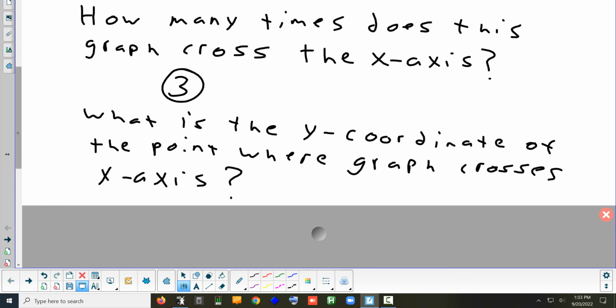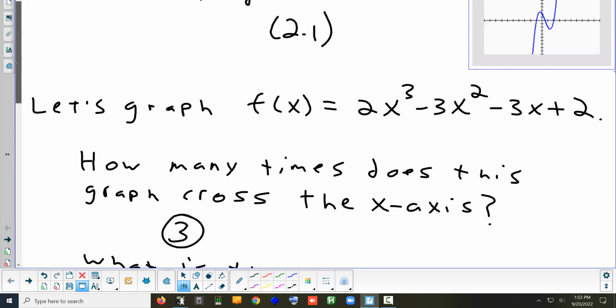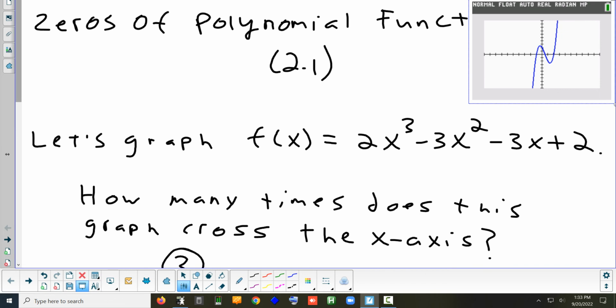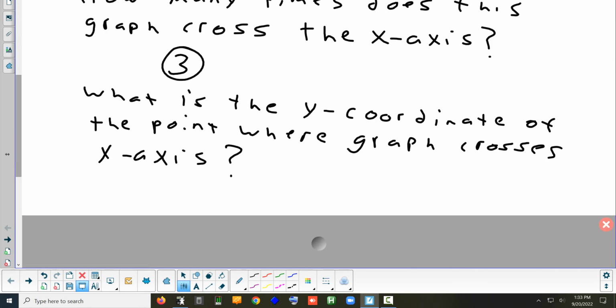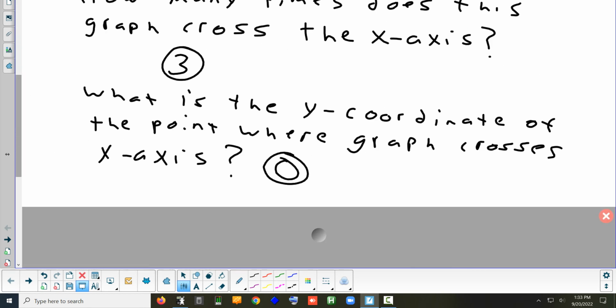What is the y value of any point that is on the x-axis? They all have the same y value. 0. So any point that's on the x-axis has a y value of 0. It hasn't gone up or down at all. Any questions on that?